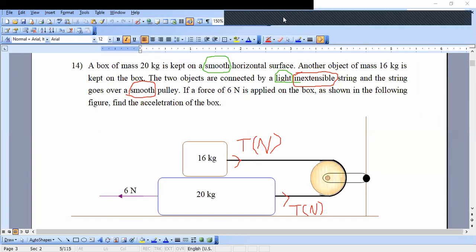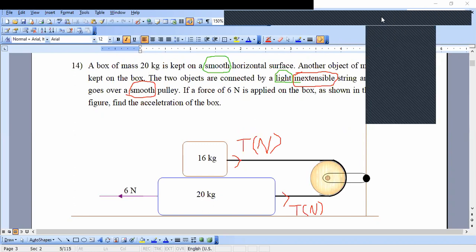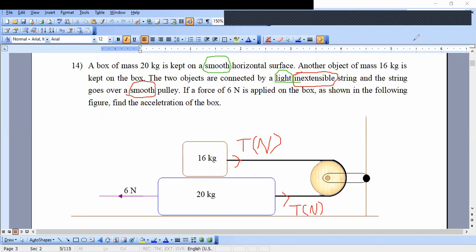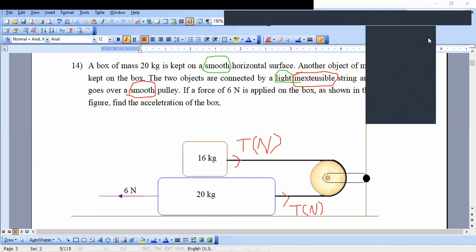Right. I would like you to take a screenshot. And the other thing, please draw this figure with this T Newton and T Newton. Please take a screenshot also. And I have a question to ask.